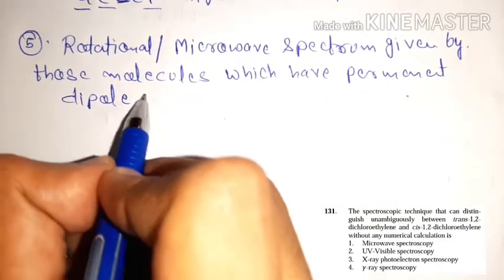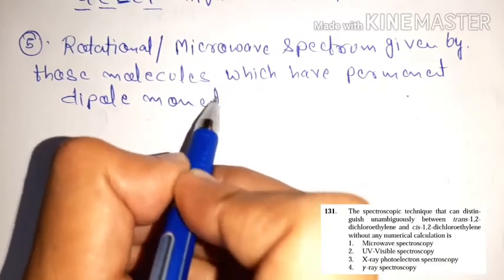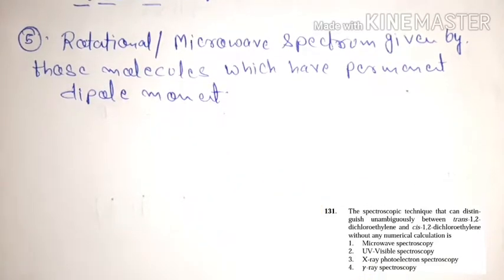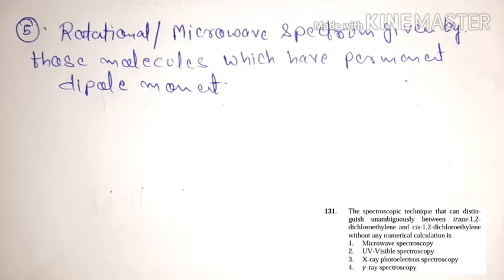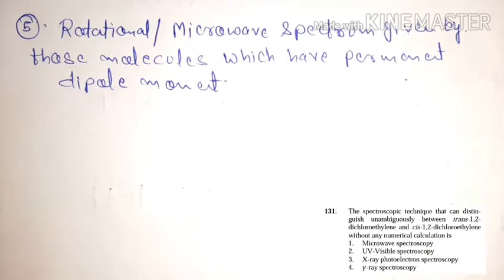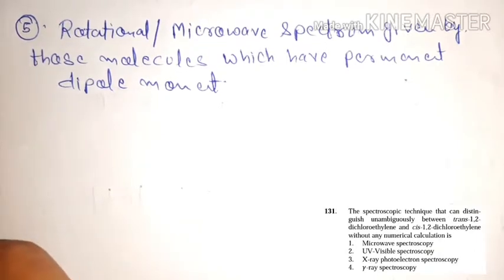So those molecules which have zero dipole moment are microwave inactive, and those molecules which have non-zero dipole moment are microwave active. So first of all, you observe the criteria of dipole moment, or the tendency of dipole moment in the given molecule.